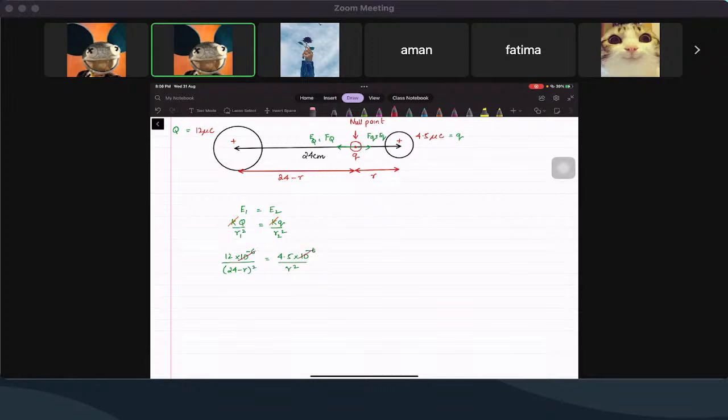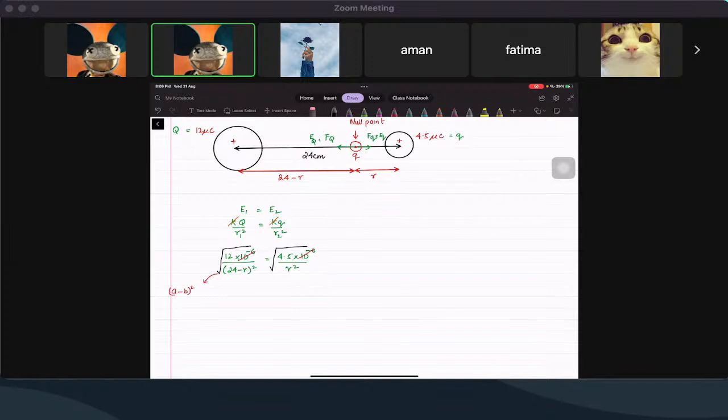on both sides. The reason for taking the root is that here I'm getting an (a minus b) whole square function in maths, and I don't want a quadratic equation to form. So I will take a root on this side and a root on this side.